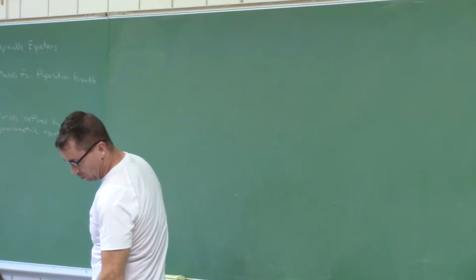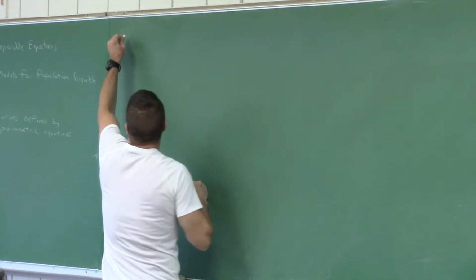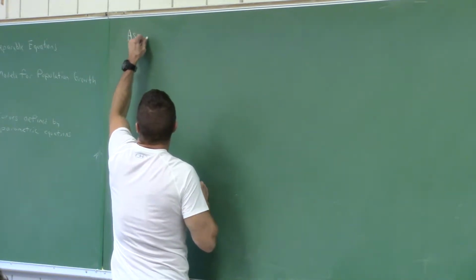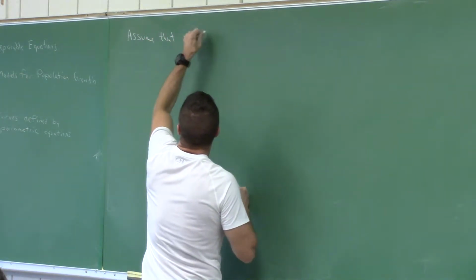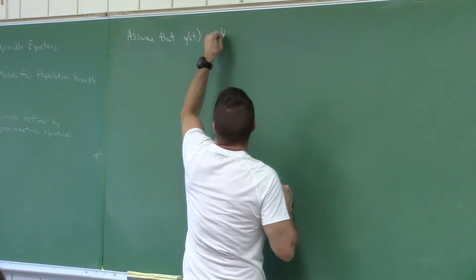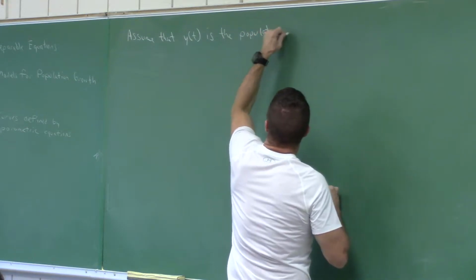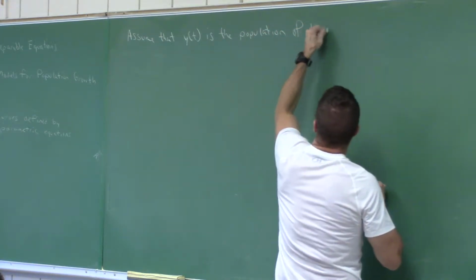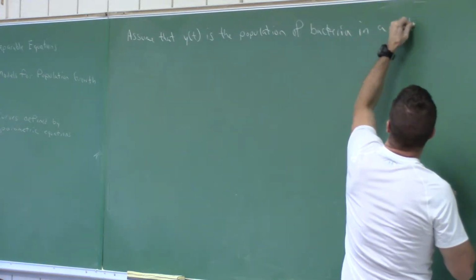I want to assume that y of t is the population of bacteria in a petri dish.